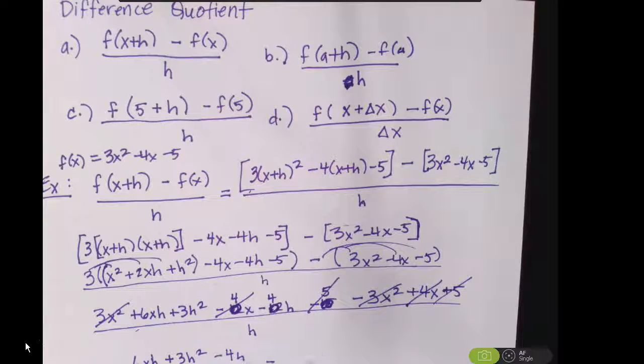So now I'm going to factor out an h using a GCF, so I get 6x plus 3h minus 4. So a lot of my h's do cancel out.